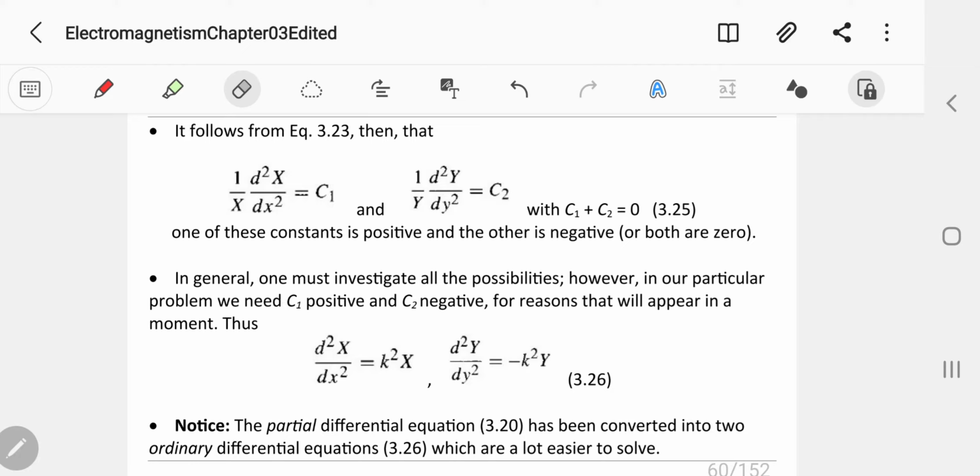on the x side, we have to choose k to be positive, because there is one boundary on the x that tells you that it's infinite.